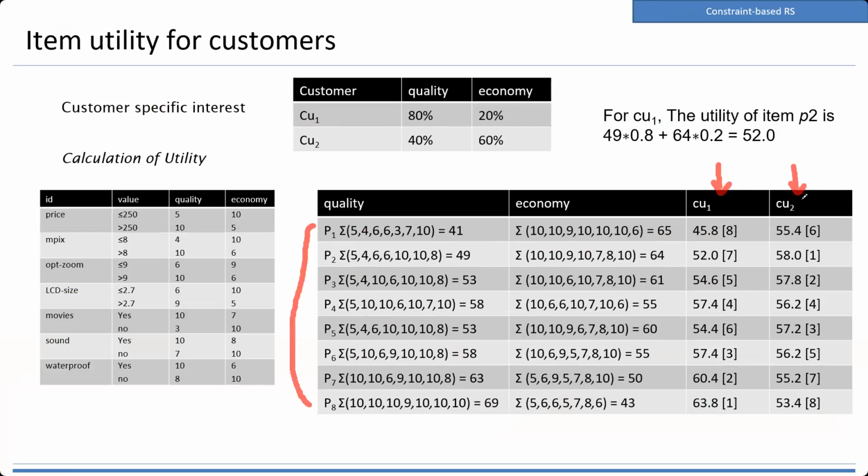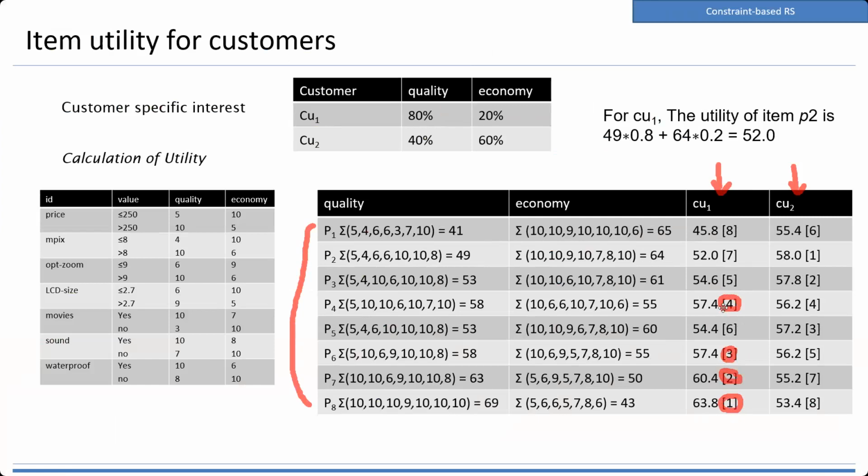And then how can we give the recommendation? The higher the better. It means we can make a rank. This is the rank: rank number 1, rank number 2, rank number 3, rank number 4, and so on.